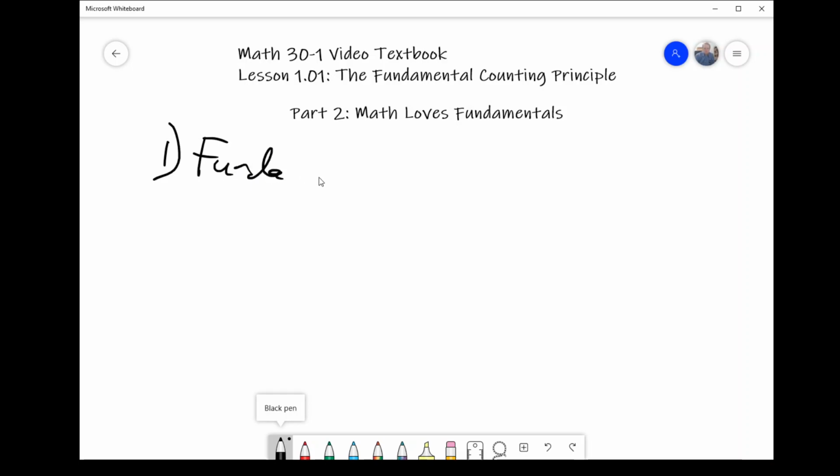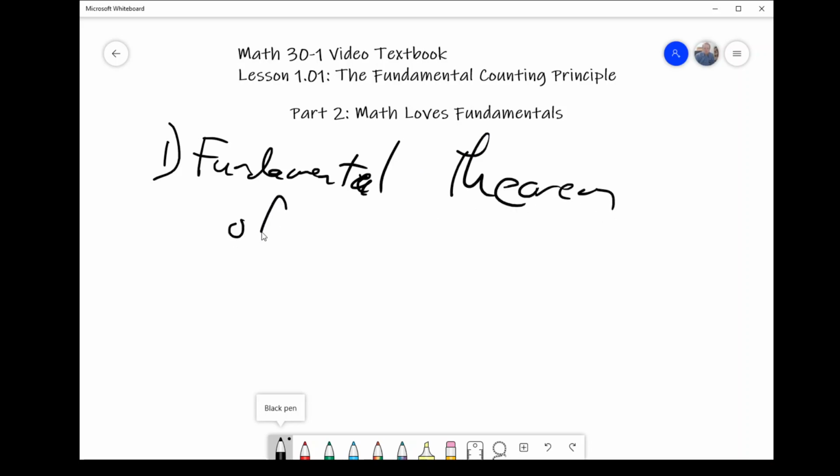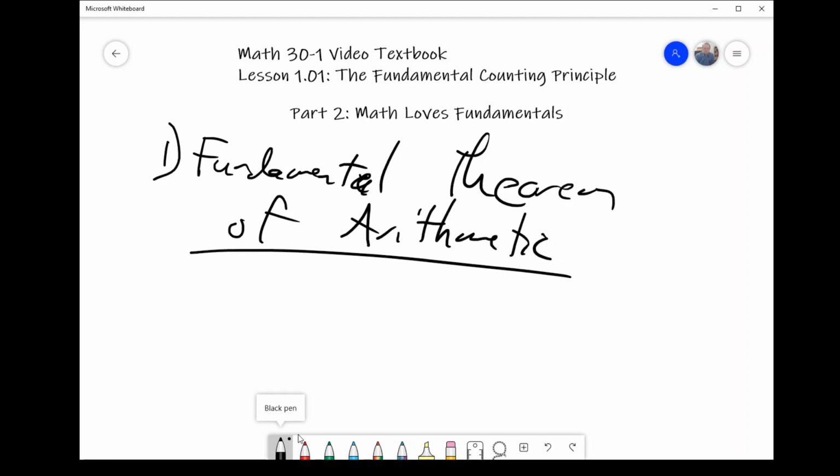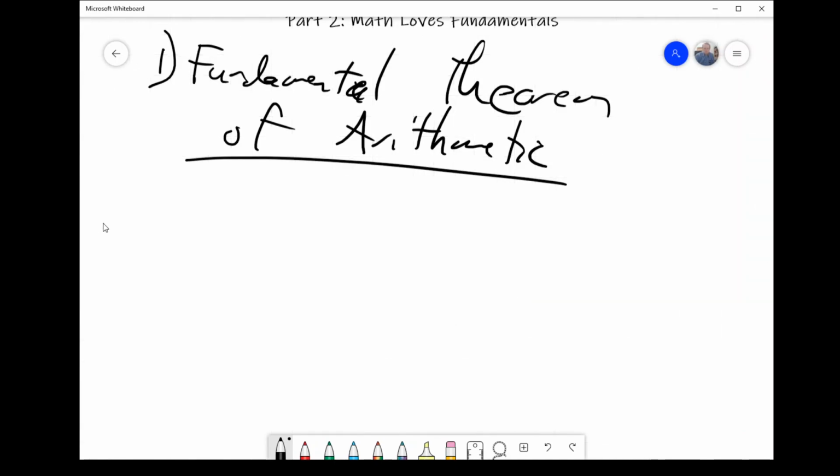There is the fundamental theorem of arithmetic. What the fundamental theorem of arithmetic says is that any prime factorization is unique up to reordering.